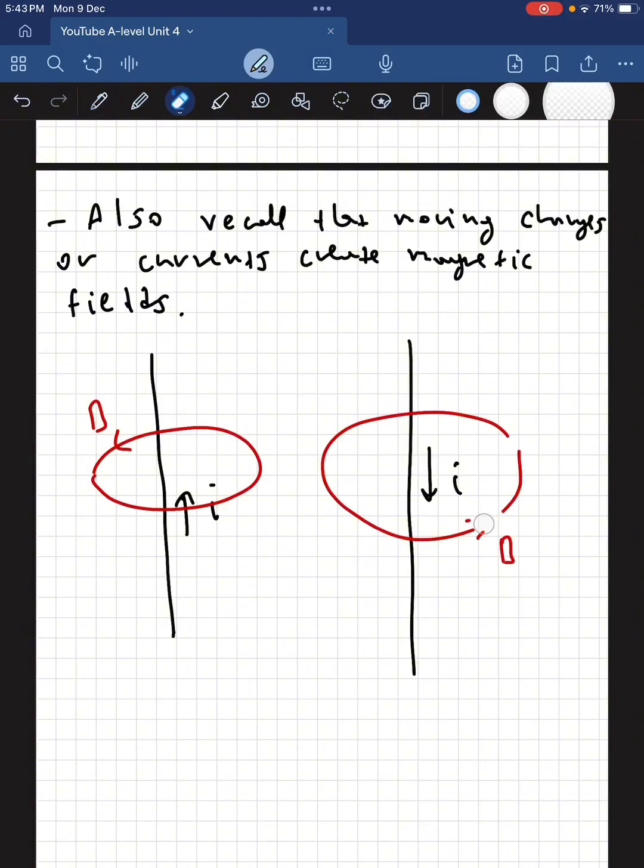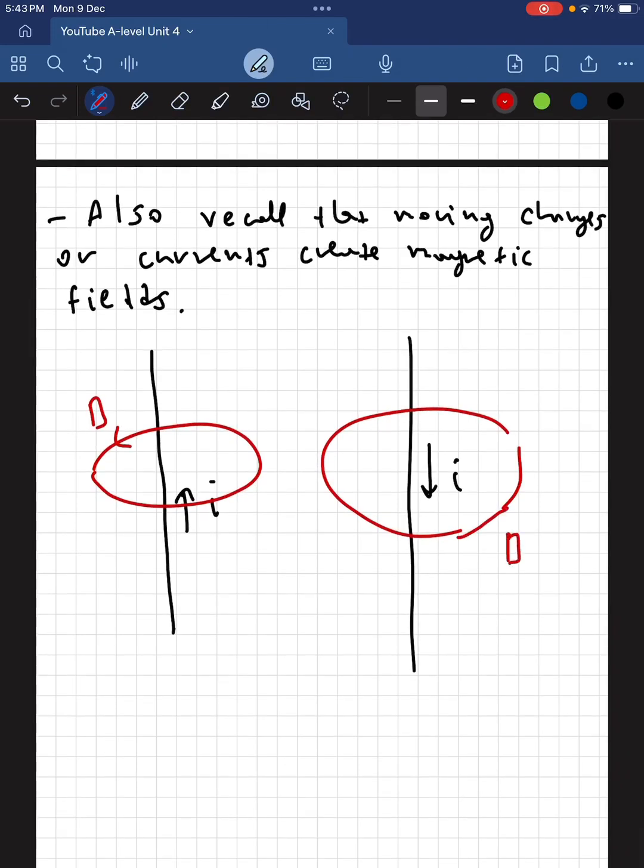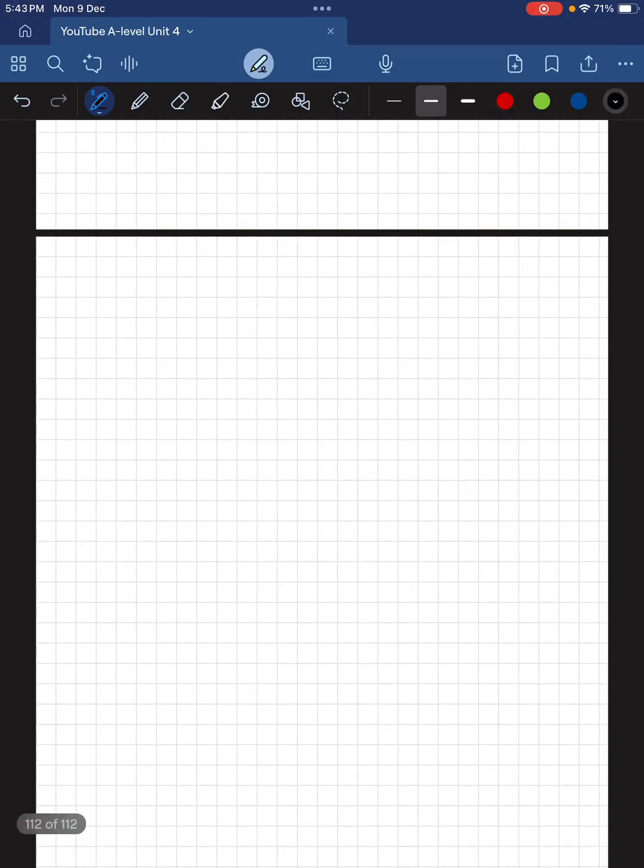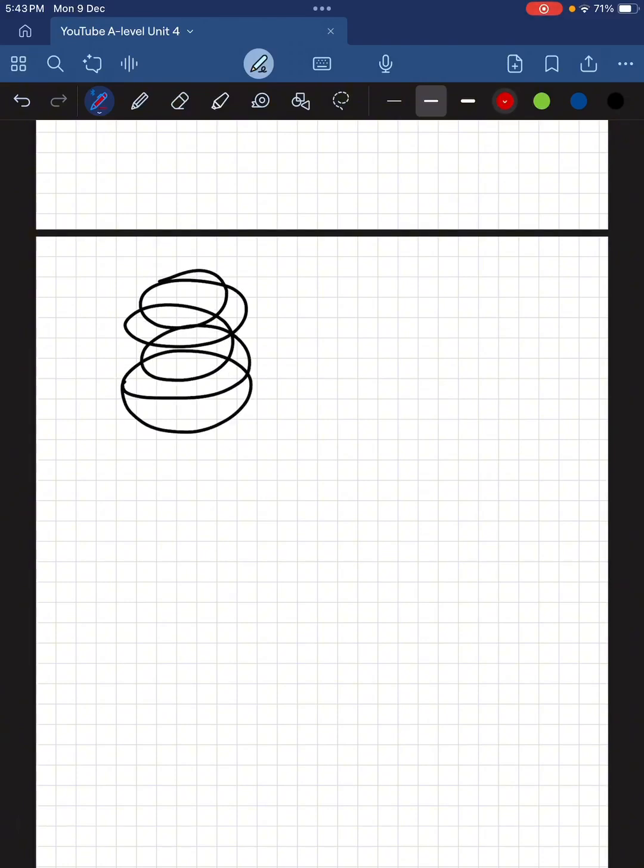Sorry, I made a mistake there. B points in the opposite direction. The other example I'm going to draw is that of a coil. Let's assume that we have a coil and there is a current in this coil that goes in this direction.